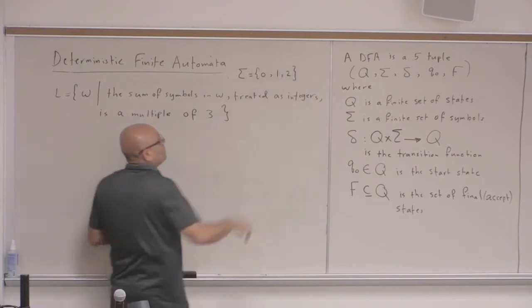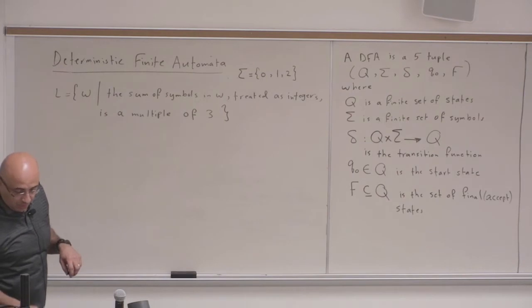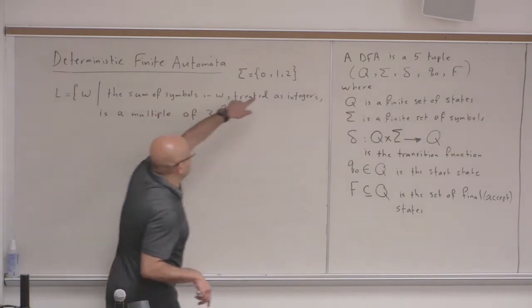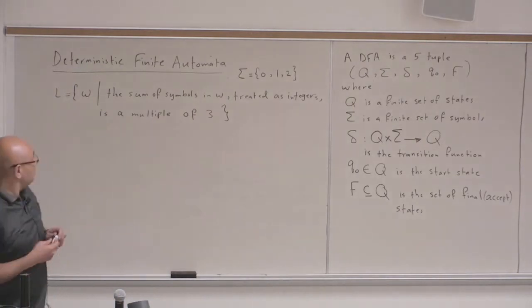So now we are adding a third symbol to the alphabet. Now we have 0, 1, and 2.